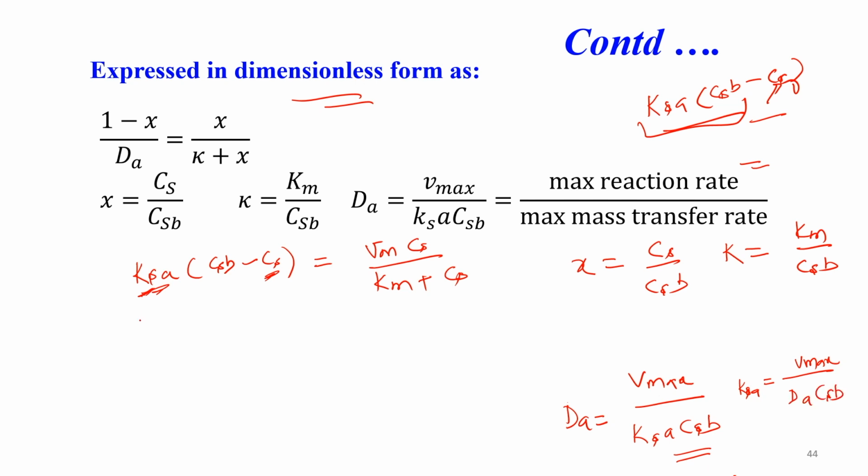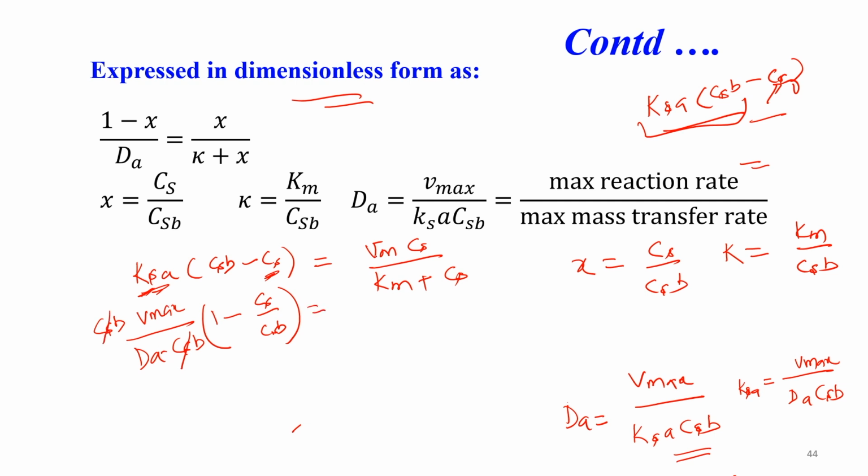So, it says Vmax over Da Csb, and let Csb be common from here. This will be 1 minus Cs upon Csb. Csb is cancelled out here.